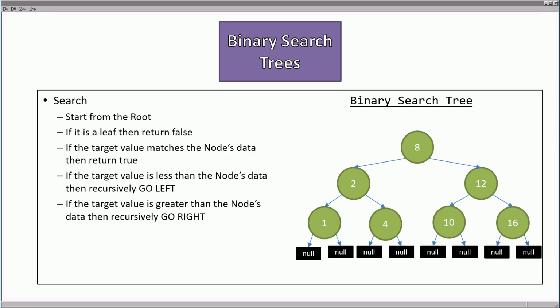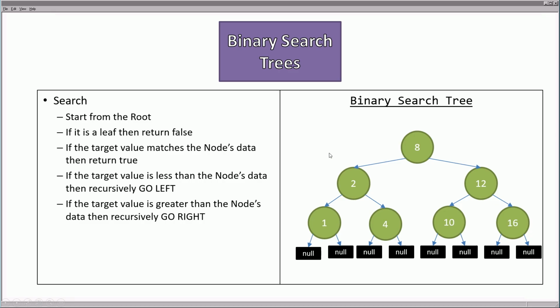Let's say, for example, we were looking for the value 4. If we start from the root value right here and we're searching for 4, well, 4 is less than 8. We don't need to check the right-hand side because we know as 4 is less than 8, we only need to check the left-hand side. So as 4 is less than 8, we go left.